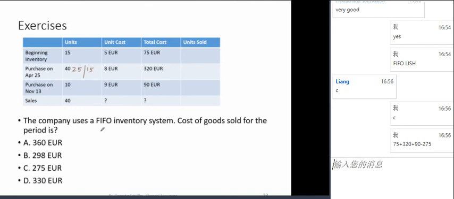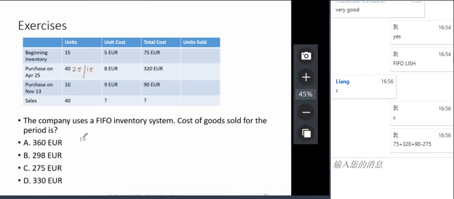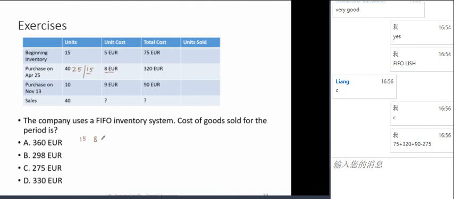So what do we have to calculate? We have to take 15, because they are not sold, times 8, because 8 is the value. 15 times 8 plus, and we have to take all of them. And this is 210.